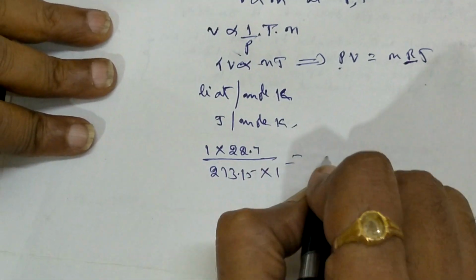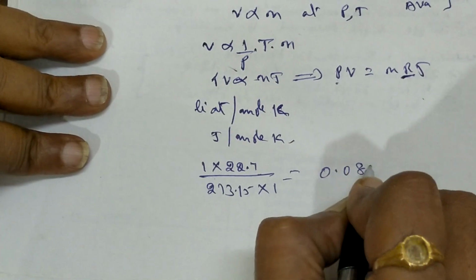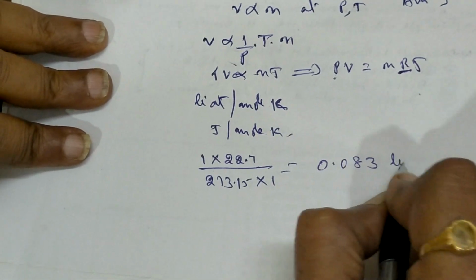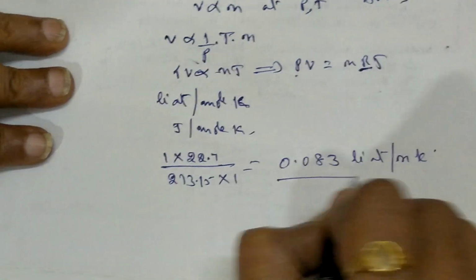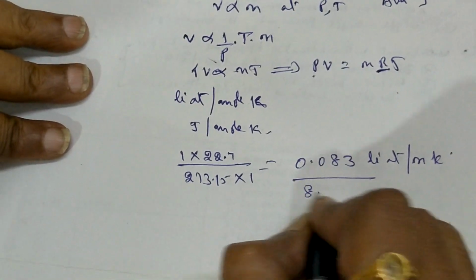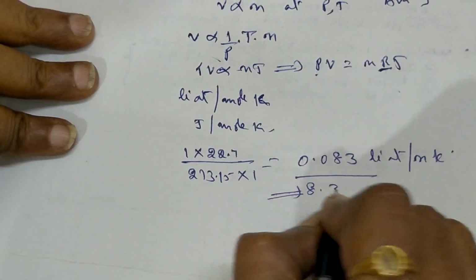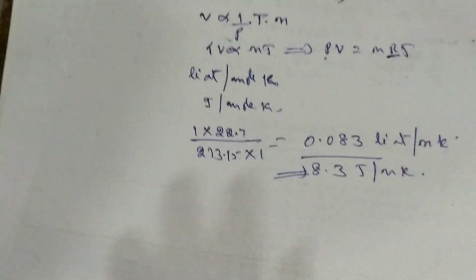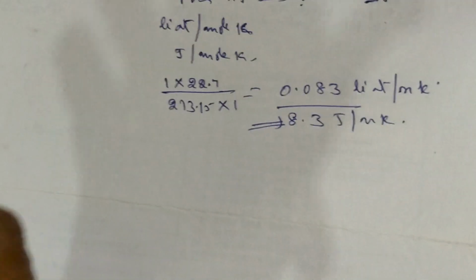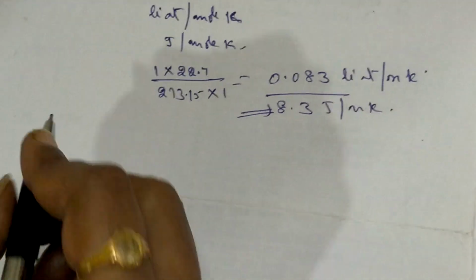When we divide, this will be nothing but 0.083 liter atmosphere per mole per Kelvin. In joules, this will be 8.3 joule per mole per Kelvin. These are the universal gas constant values, most important and very common.